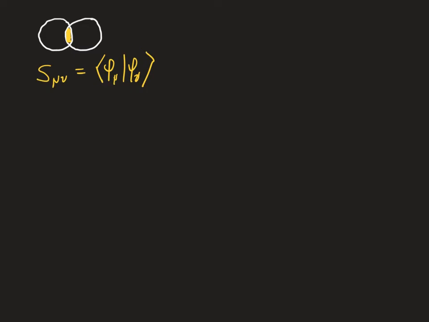What we did here is we looked at the overlap of two symmetry-related wave functions with the same sign. So we took an in-phase function and an in-phase function, both with positive signs associated with them.